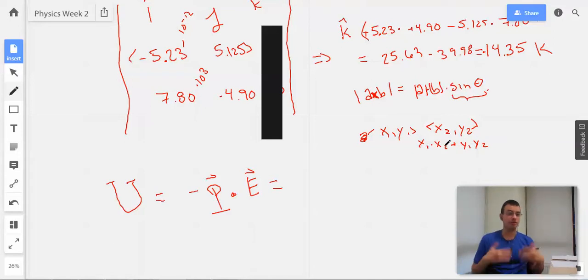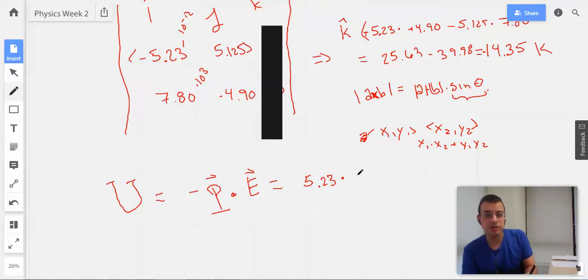When you do a dot product, it results in a scalar, not a vector. So we'll do 5.23 times 7.8, and then 10 to the negative 12 times 10 to the 3, so we'll get negative 9.